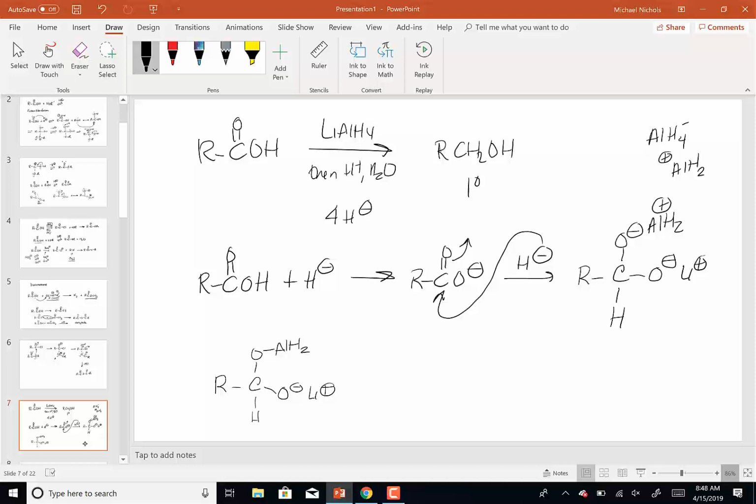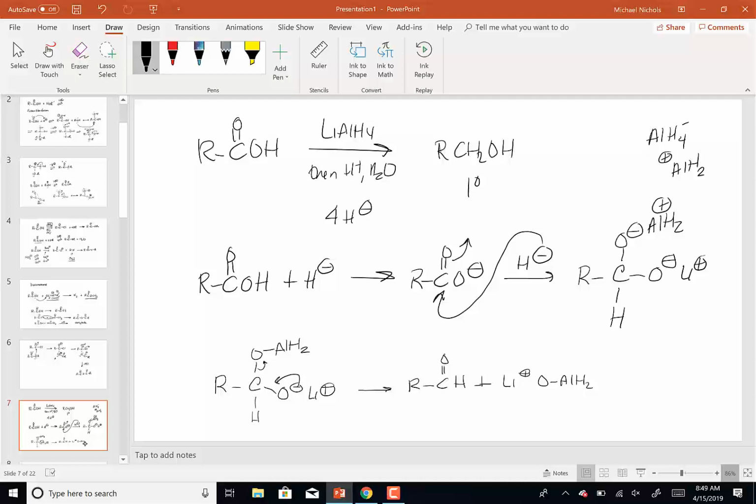Well, this pair of electrons can move here, and that pair of electrons can go to the oxygen, so that now I basically have a leaving group. Now I form an aldehyde, and I've got lithium plus and an O with an AlH2 on it. So that O with the aluminum becomes a leaving group. I haven't added acid yet. I have my aldehyde.